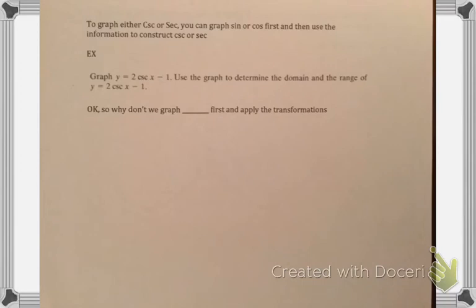All right, so here's an example, and I think this may be one of the latter pages of our notes here. The first thing we have to do with this is we have to graph its reciprocal. So the reciprocal of cosecant is sine. Okay, so what am I going to graph? I'm going to graph y equals 2 sine x minus 1.